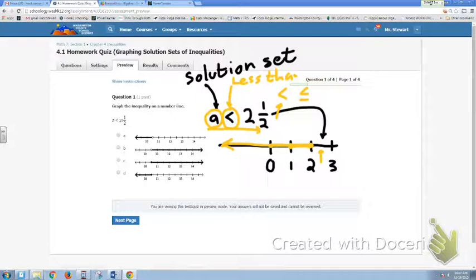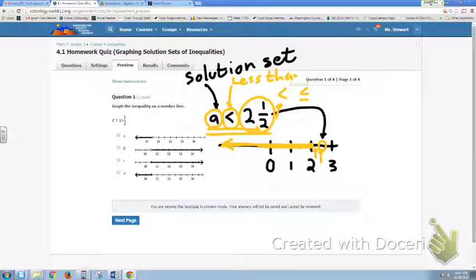So we're looking at this arrow and thinking, okay, all of these things. But what about all of this little stuff right in here? Well, we know right at 2.5, that cannot be a solution. 2.5 is not less than 2.5. So we can't include the number 2.5 as part of the solution set of the inequality A is less than 2.5.